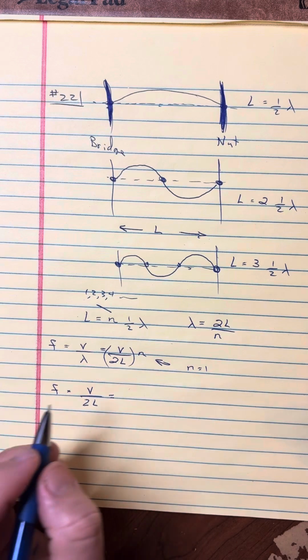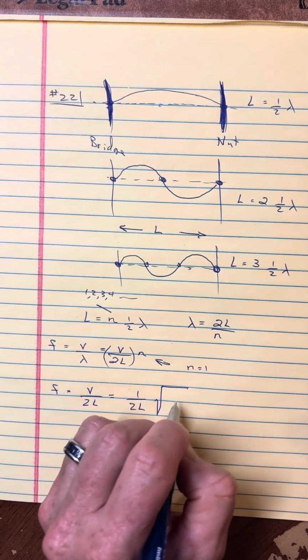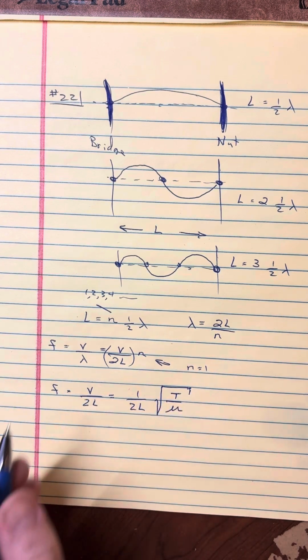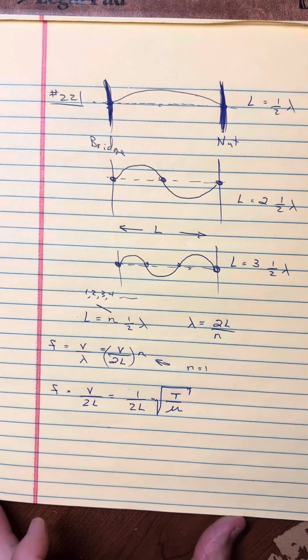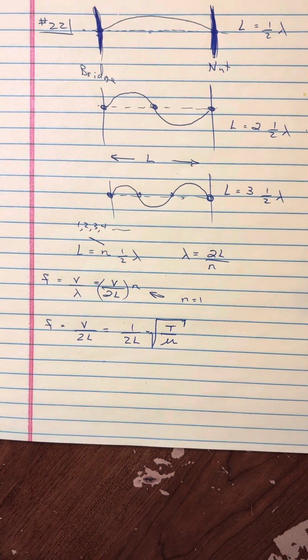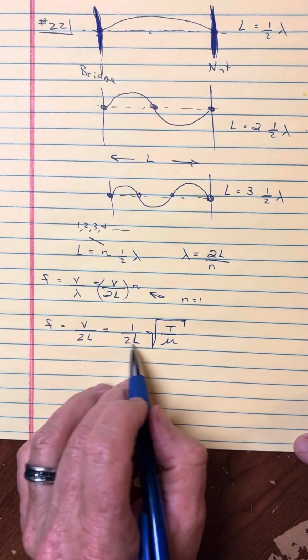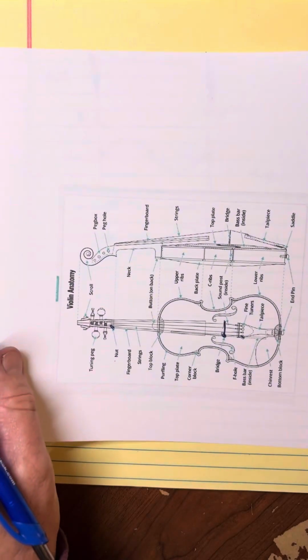And I suppose I could even say v coming from a string would be the square root of the tension divided by the mass per length. And so there's our violin. And in fact, as you know, you can both tune and play the violin, or the guitar for that matter, because by putting your finger at different locations, you are essentially, where's the fingerboard?